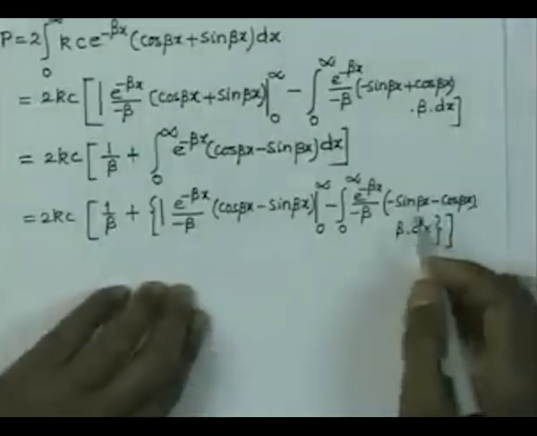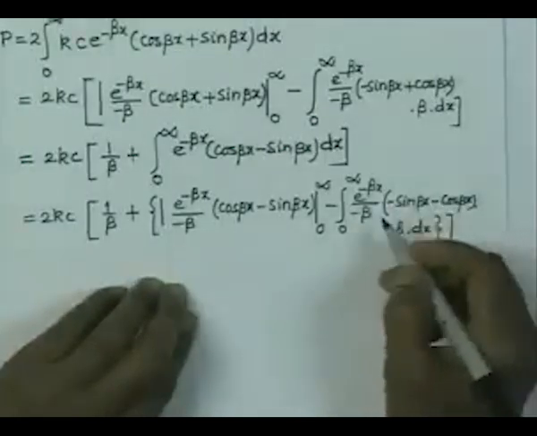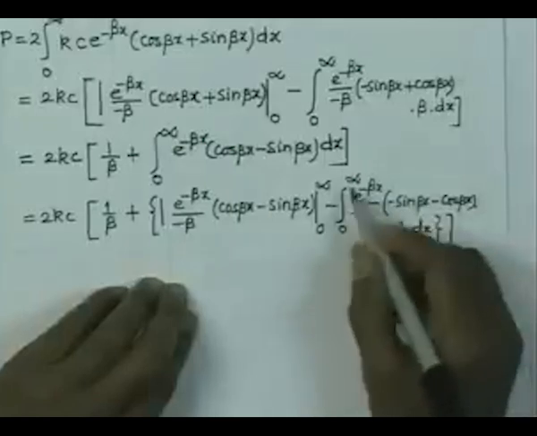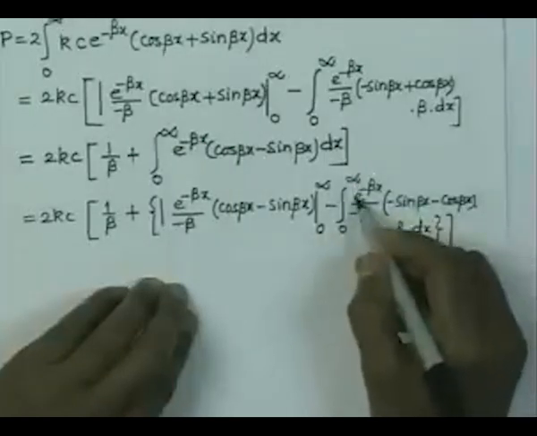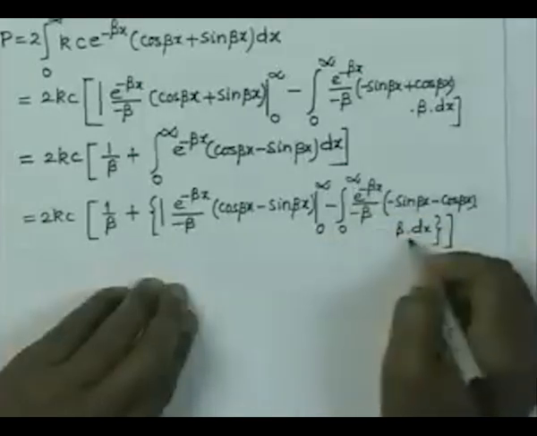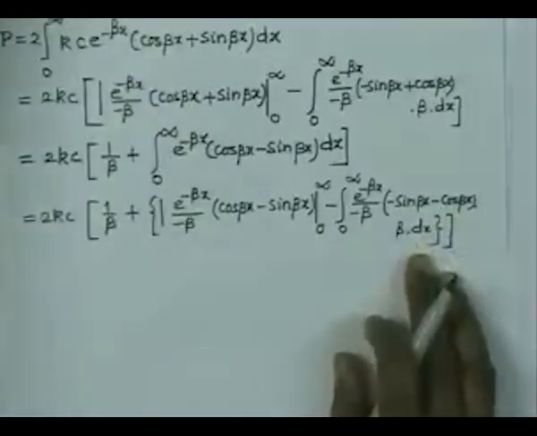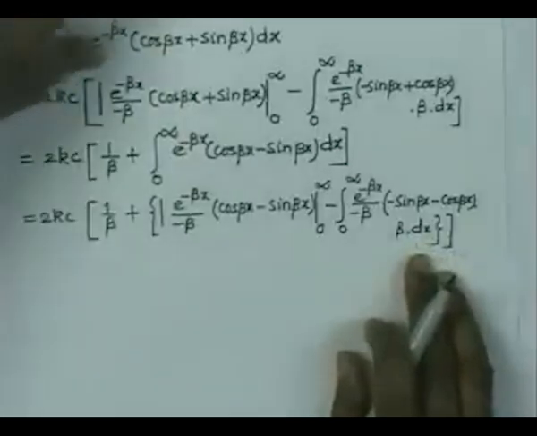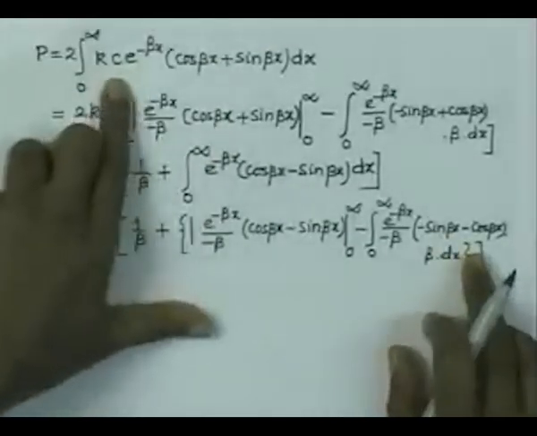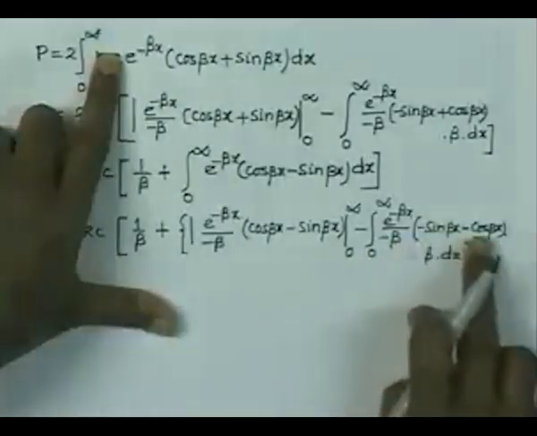Now, look at this. This one comes out to be, this minus will be absorbed. So, they will cancel, and therefore, we are going to have integral 0 to infinity e to the power minus beta x by beta, and this beta is going to cancel with this beta, into sin beta x plus cos beta x. And if you look into the initial expression, so we have here, see this expression, it is similar, e to the power minus beta x into cosine beta x plus sin beta x. So, therefore, this is 0 to infinity.